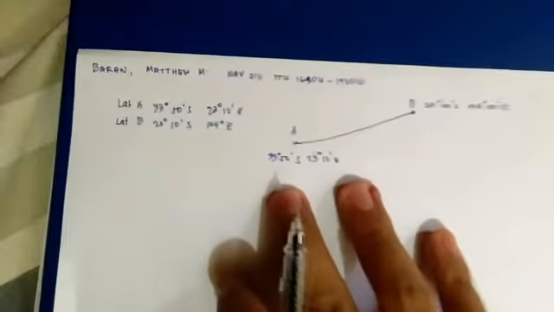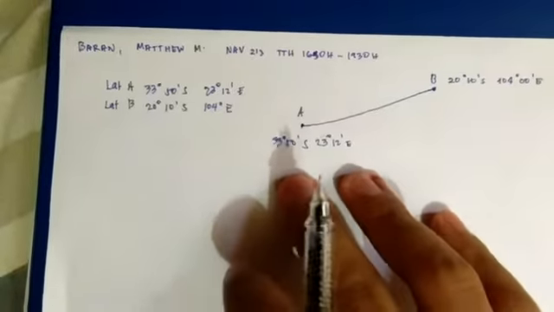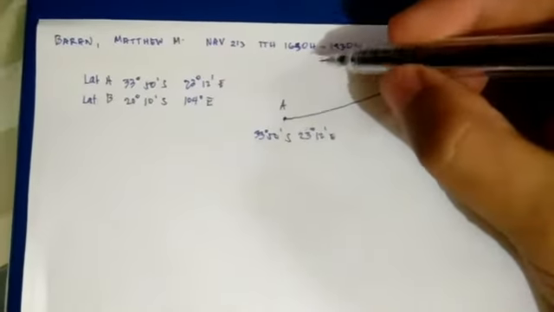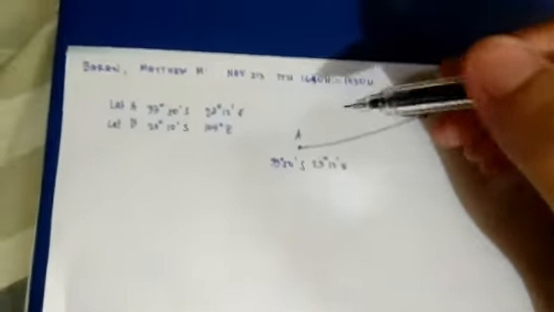So after identifying our great circle track, next we need to find the D-long.